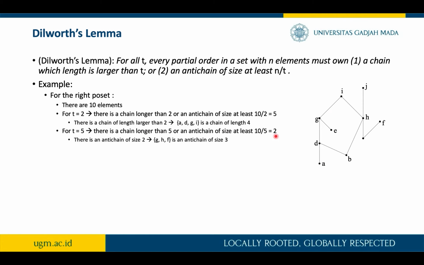We have an anti-chain of size at least 10 divided by 5. In fact, we have an anti-chain of size 3. For example, GHF. This is an anti-chain of size 3. And we can also have DEHF. That's an anti-chain of size 4. Okay, so this is Dilworth's lemma.